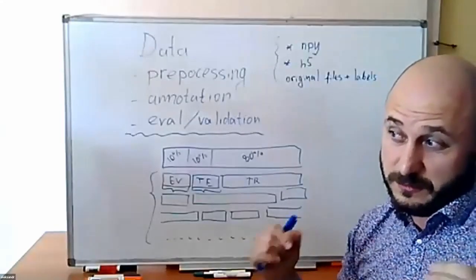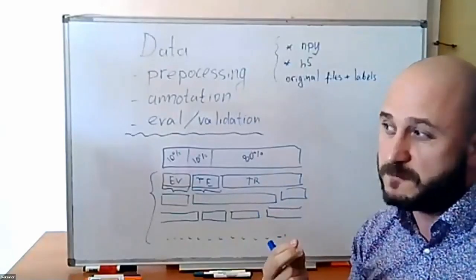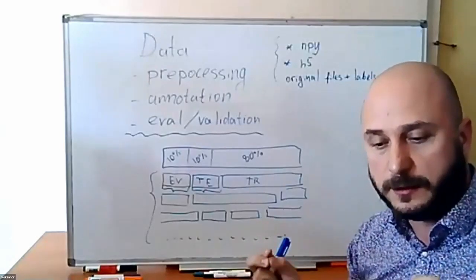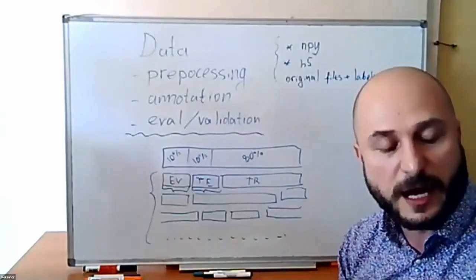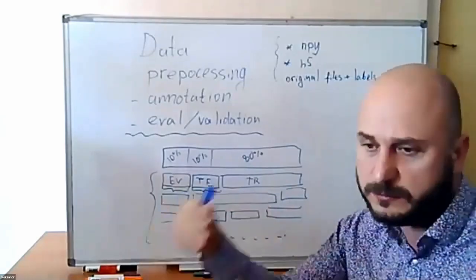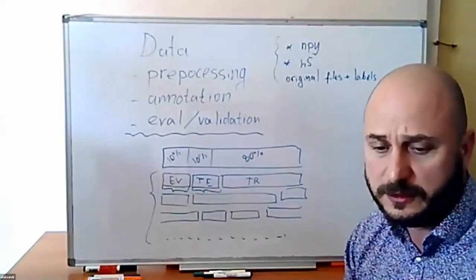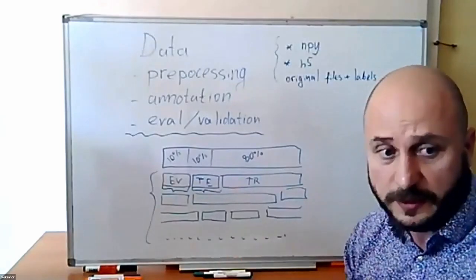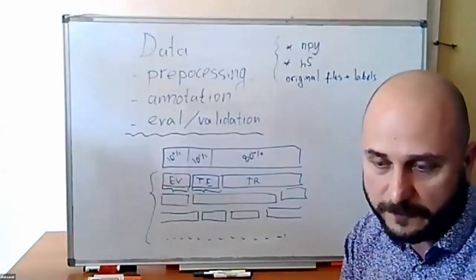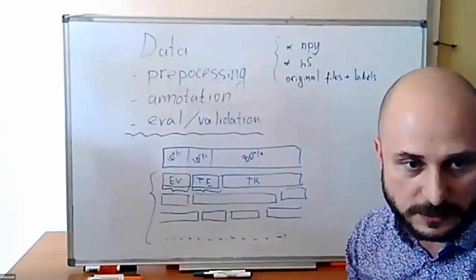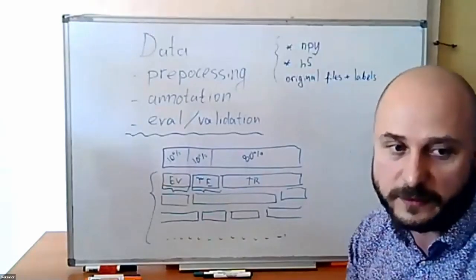Actually, it's kind of a statistical thing. There is a formal approach for how to select such a slice to have confidence of a certain level. There are several scientific approaches for this, but primarily you can use your intuition. If we have just 2 classes and balanced input, there's no reason to have more than 1,000 examples in our evaluation set, because we have 500 of one class, 500 of the other, and that's it.